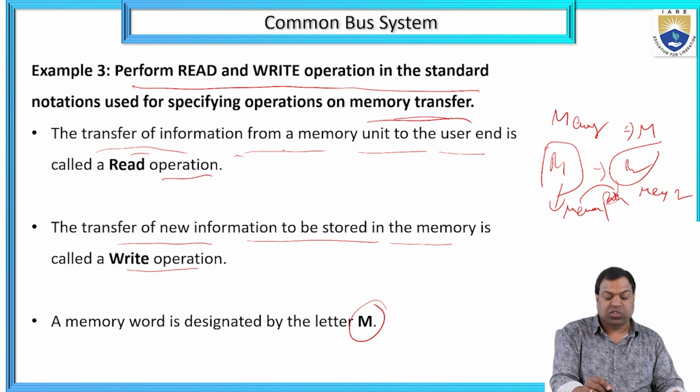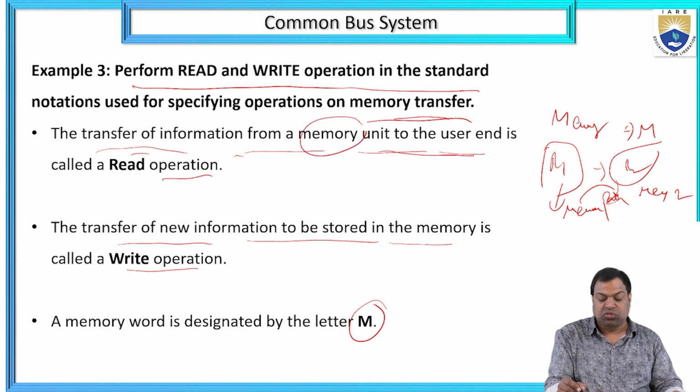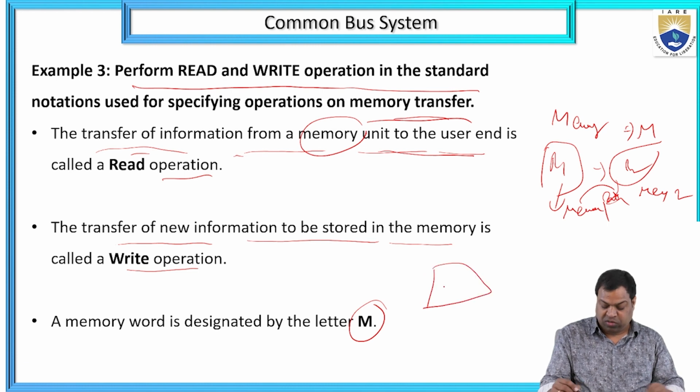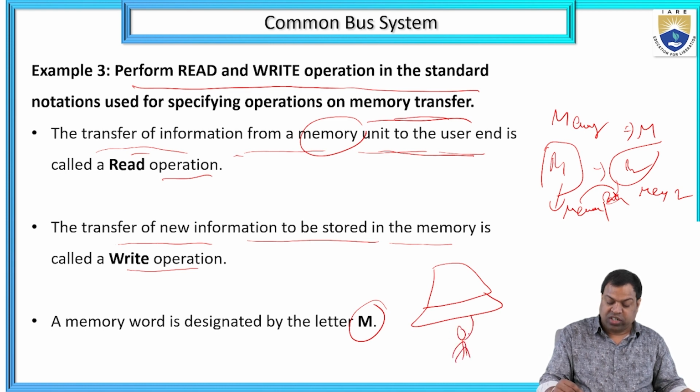The transfer of information from memory to the user. Suppose I am taking one system, so it is one user. The user is giving the information. Memory to user is called a read operation.